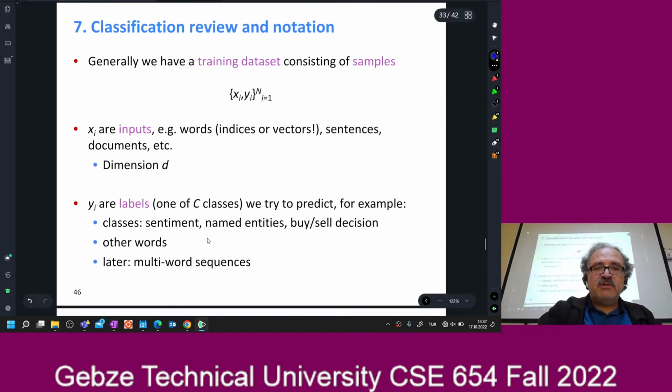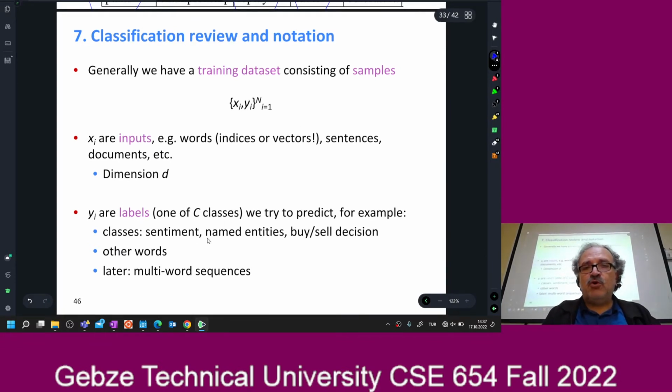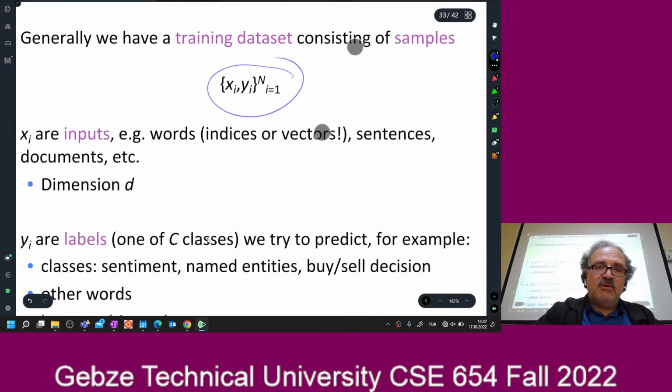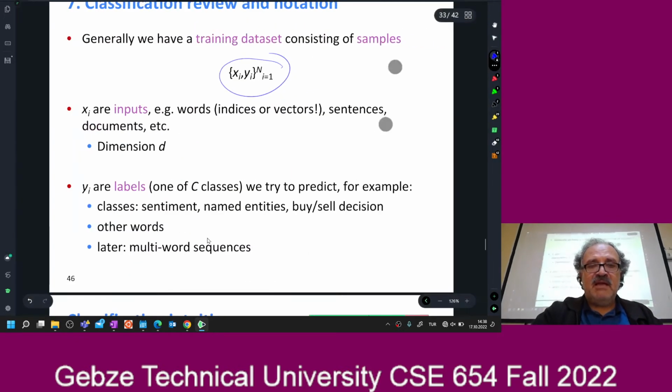So these are our inputs, and yi are labels. What are the labels? It could be a binary label, yes or no, true or false, or stuff like part of speech labels, for example noun, verb, adverb, etc. So our task is, after observing all this data, given a new xi, to assign a new label to it.